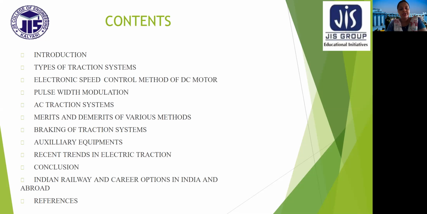Pulse width modulation, AC traction system, merits and demerits of various methods, braking of traction system, auxiliary equipments, recent trends in electric traction. Conclusion part, Indian Railway and career option is very important, because a career in railway is a dream to an electrical engineer student, right? So career option in India and references.